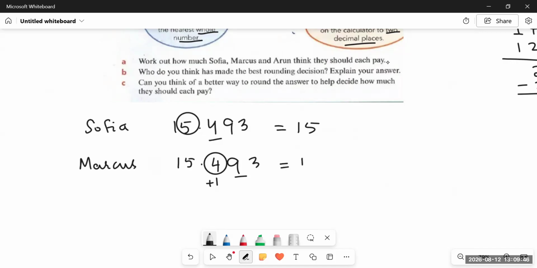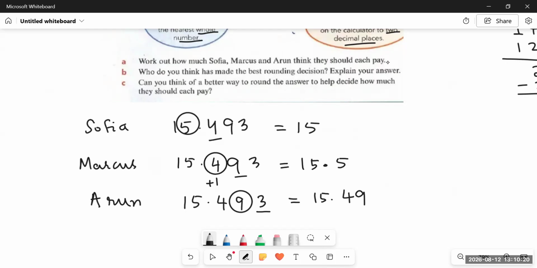It will become 15.5. Oh, sorry, 15.5, not 15.1. And according to Arun, we have to round it to 2 decimal places. So we have to round the digit 9. And since the digit next to it is a weak digit, the answer will be 15.49.